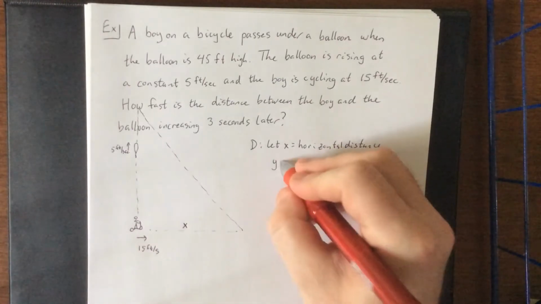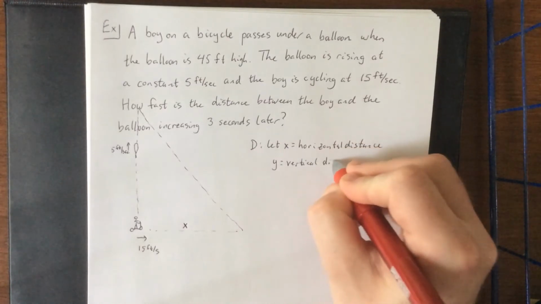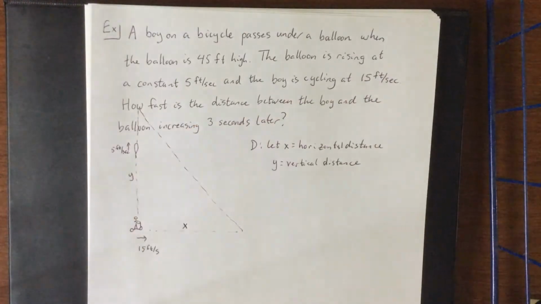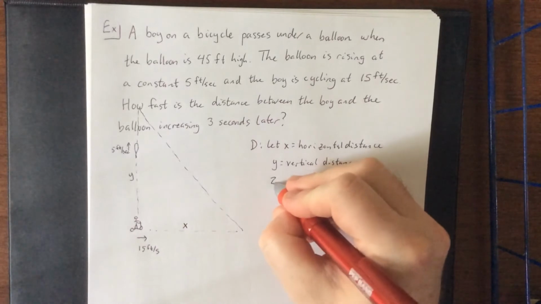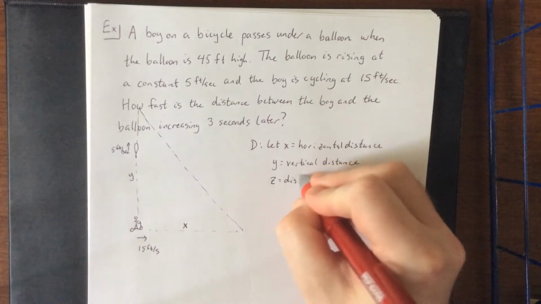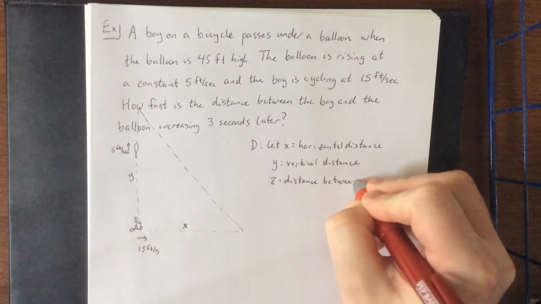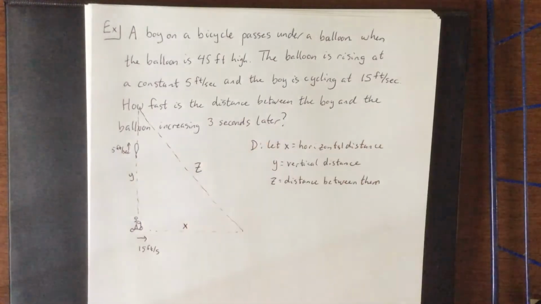We'll let y be the vertical distance for the balloon. So that'll be this side over here. It starts out at 45, but then starts increasing after that. And we will let z be the actual distance between them, what I might refer to as the slanty distance.